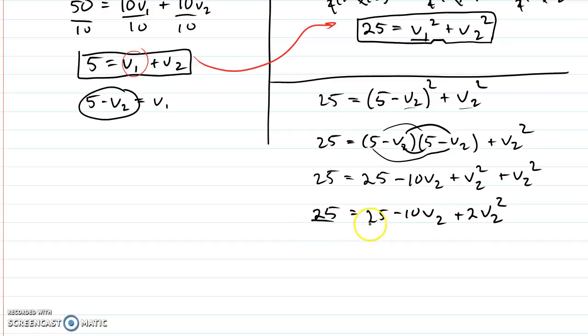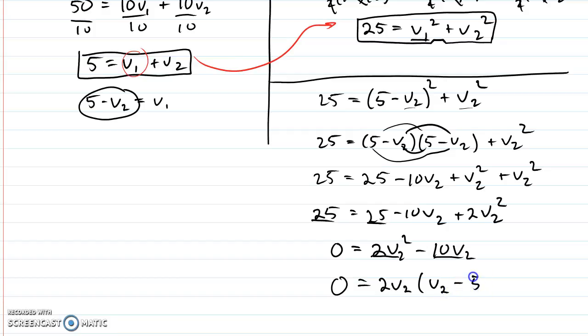And I can actually subtract 25 from both sides. So I have this all equal to 0. I have 2v2 squared minus 10v2. Now, since this is equal to 0, I can pull out a common factor here, which 2v2 can go into both. And I would end up with this.